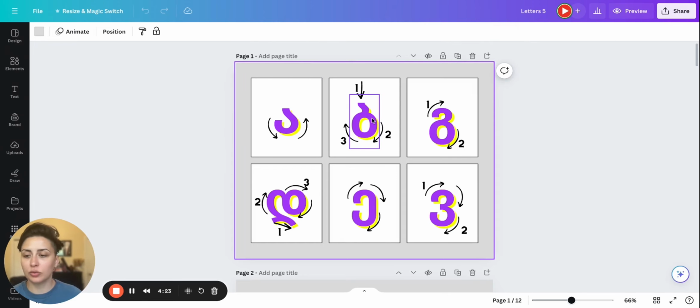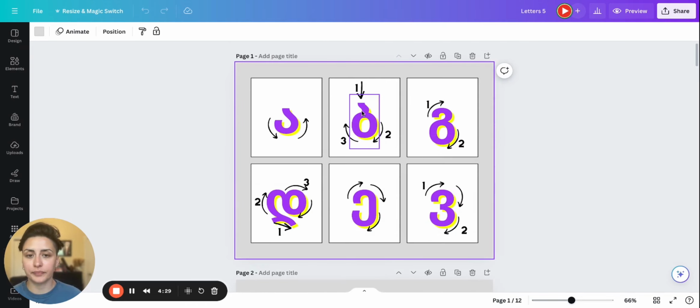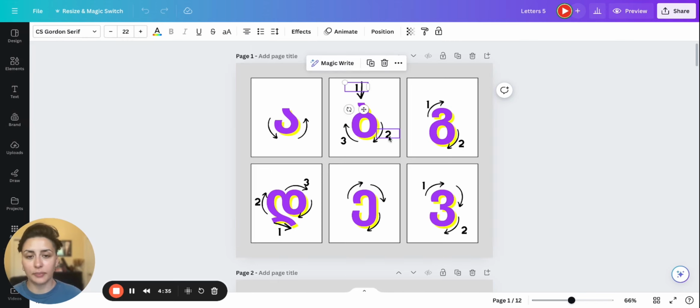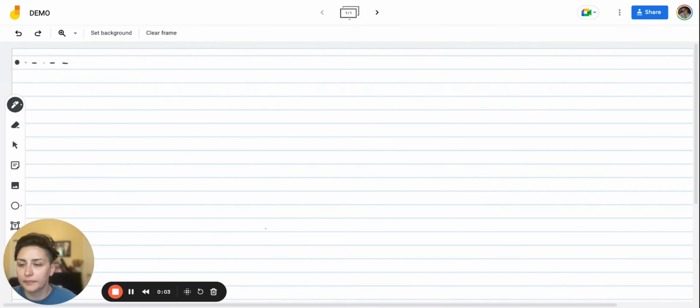Next, we are going to work on letter B, as shown right here. We begin writing letter B as demonstrated with the numbers 1, 2, and 3. We usually start writing letter B from the top. So let me show it to you. Letter B starts above the imaginary line, just like so.